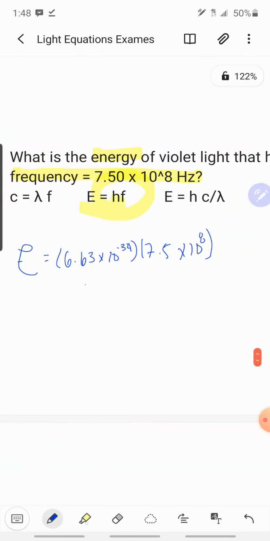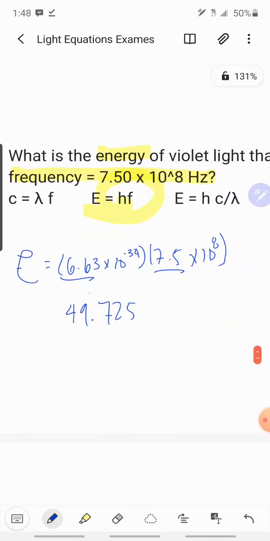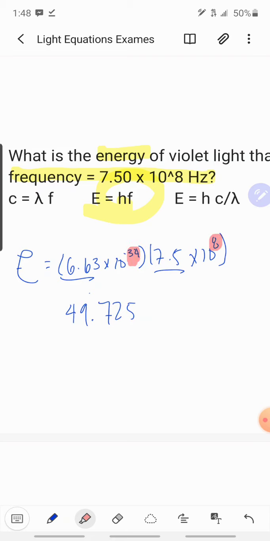So I'm going to multiply these two numbers like normal. 6.63 times 7.5. We get 49.725. So because these two exponents are next to each other, they're multiplying, we're going to do negative 34 plus 8, which gives us times 10 to the minus 26.